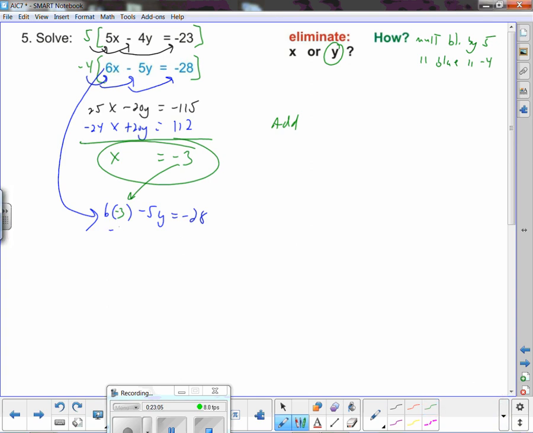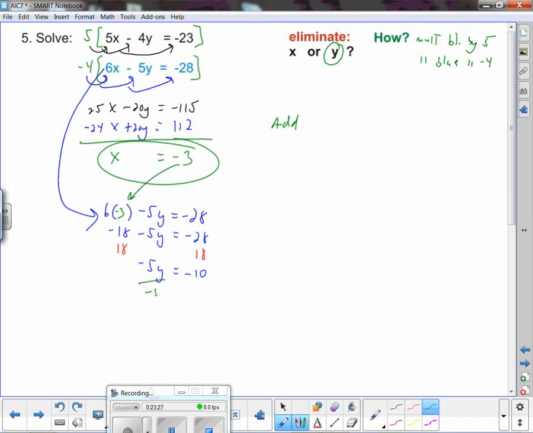So this is a negative 18 minus 5y equals negative 28. Let's add a positive 18 to both sides. Negative 5y equals negative 10, right? 28 negatives and 18 positives leaves me 10 negatives.